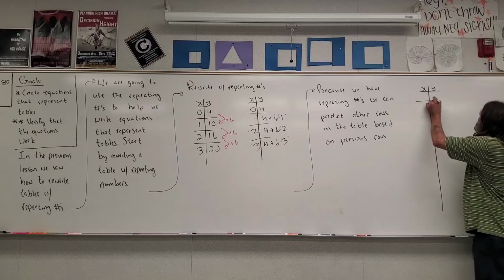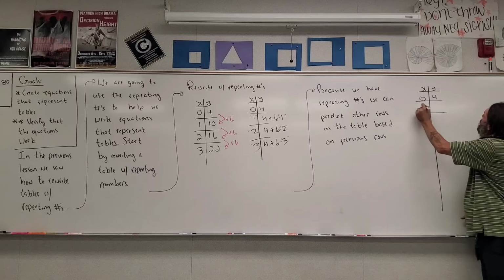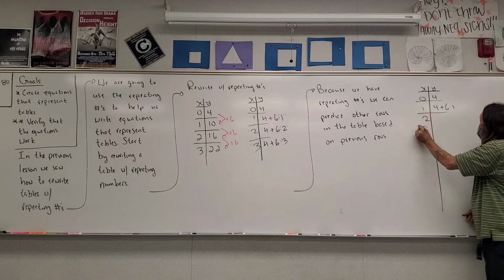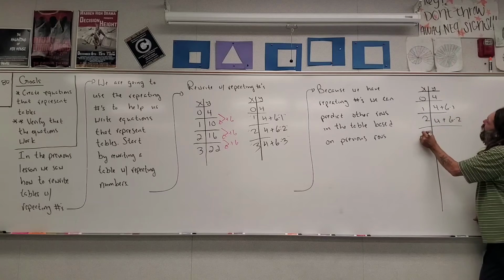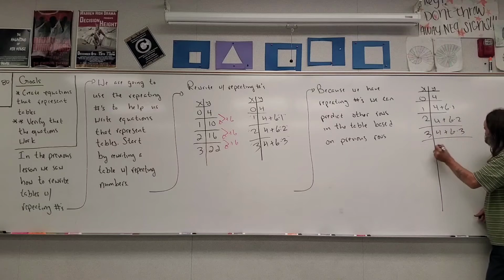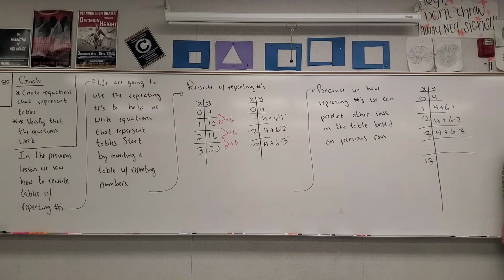So if I was to, again, rewrite this and have 0, 4, 1, 4 plus 6 times 1, 2, 4 plus 6 times 2, 3, which is 4 plus 6 times 3. And then we can make predictions. Like, if I want to know what's happening in row 13, I can take my existing pattern and apply it.